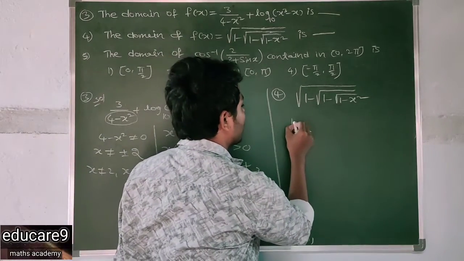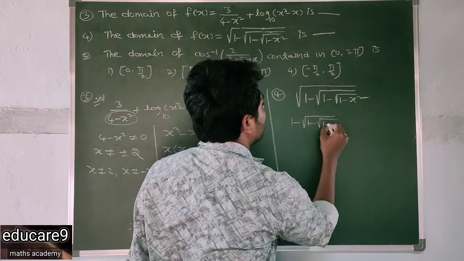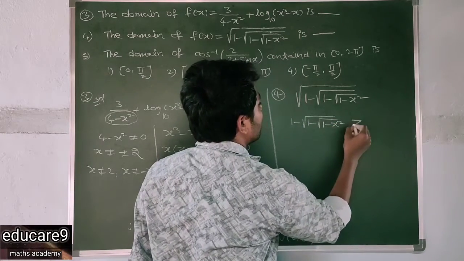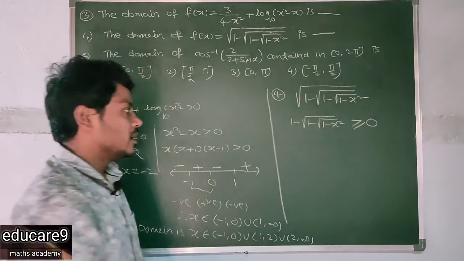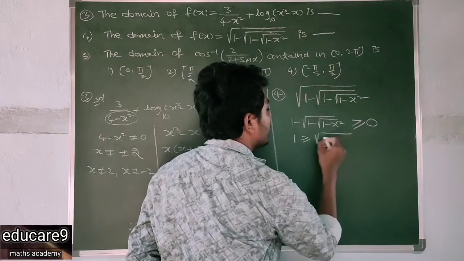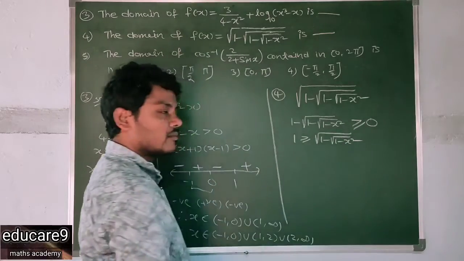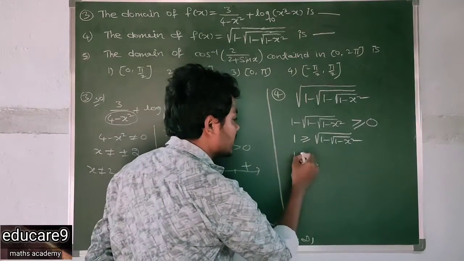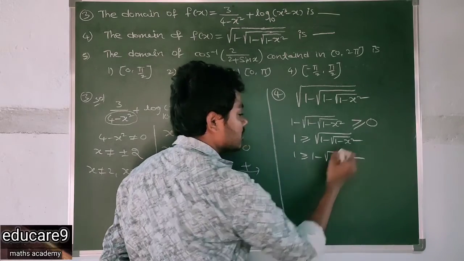So therefore 1 minus square root of 1 minus square root of 1 minus x square is greater than or equal to 0. Now this is what? 1 is greater than or equal to square root of 1 minus square root of 1 minus x square. Again write as 1 is greater than or equal to 1 minus square root of 1 minus x square.